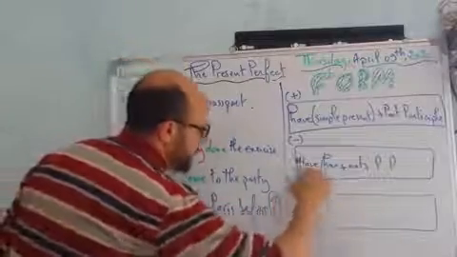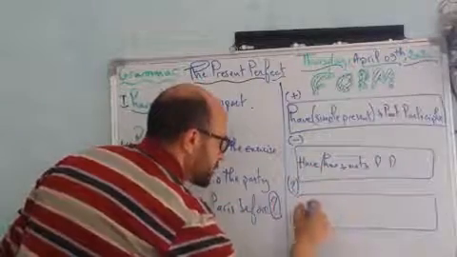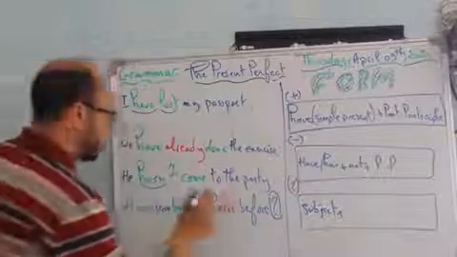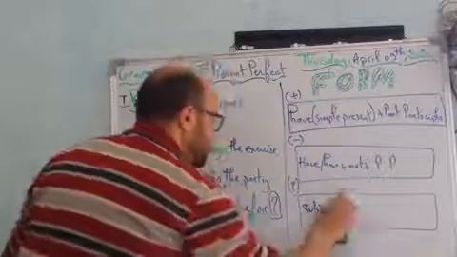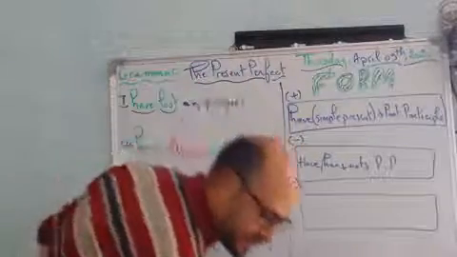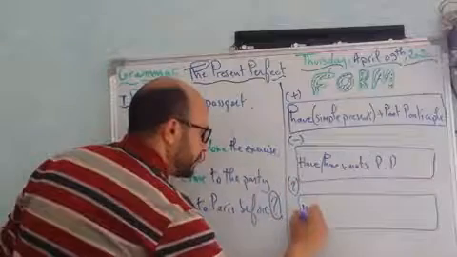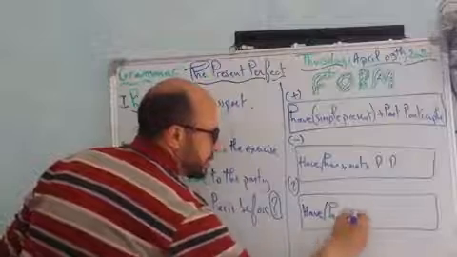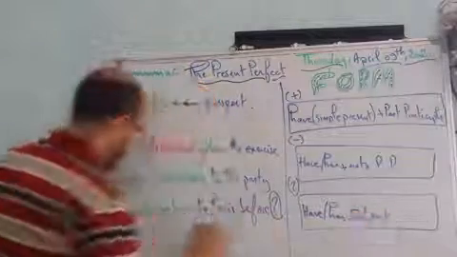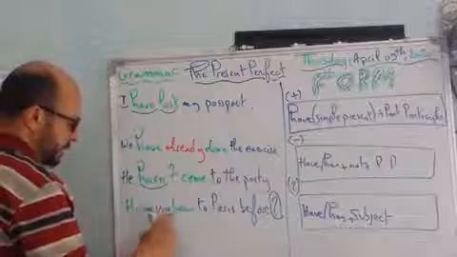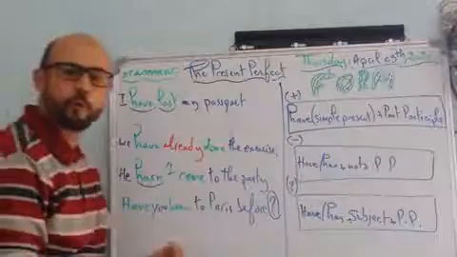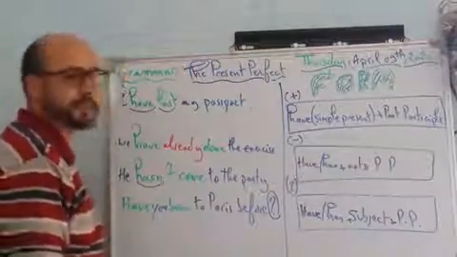Good. So here, subject. So we have here have or has. It depends on the subject. Plus the subject. In my case I have here have, not has, plus the subject you, plus the past participle of the verb. So this is how we form the present perfect tense.